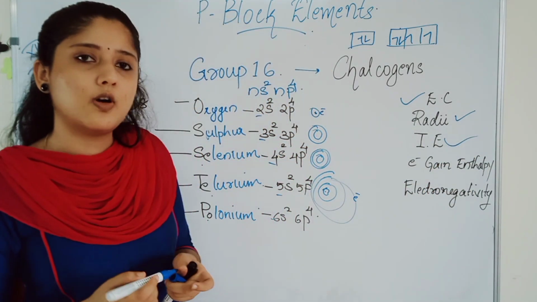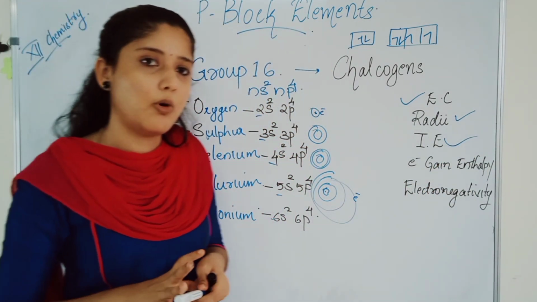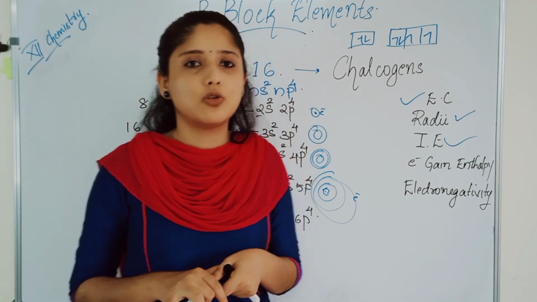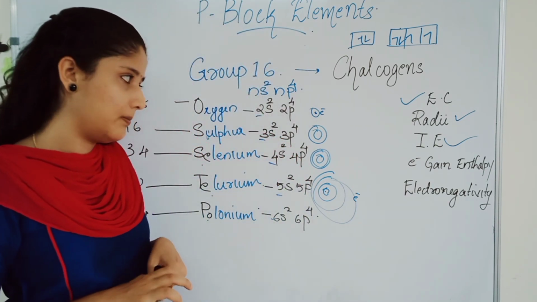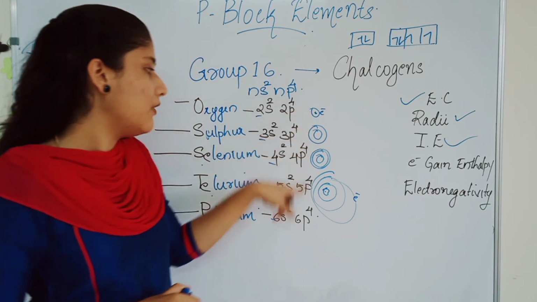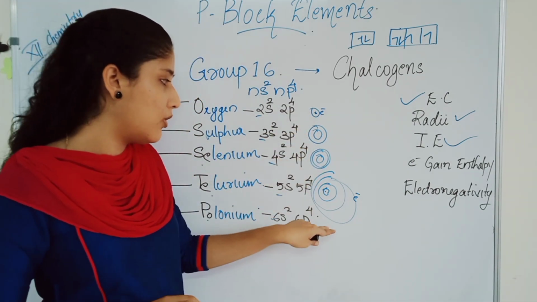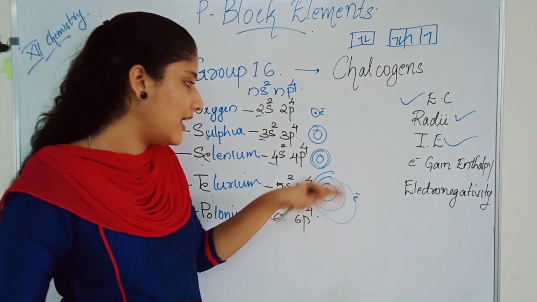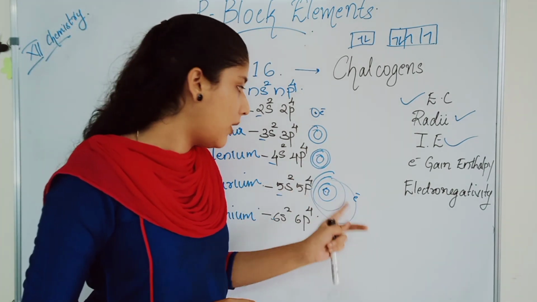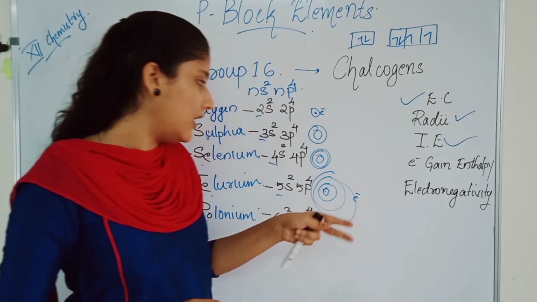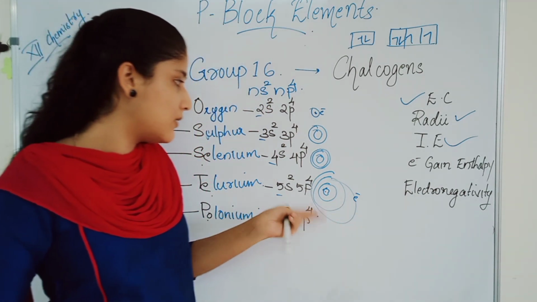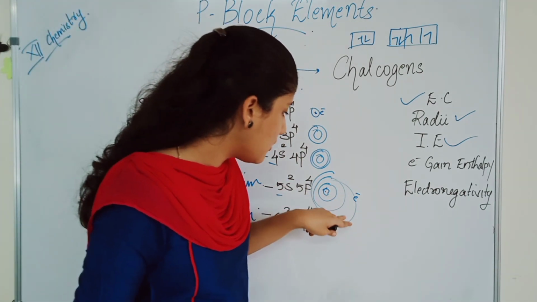Same is the case with electron gain enthalpy, that is the amount of energy required to add an electron to a gaseous atom. As the force of attraction between the nucleus and the electron decreases from top to bottom, the amount of energy released when adding an electron is low.